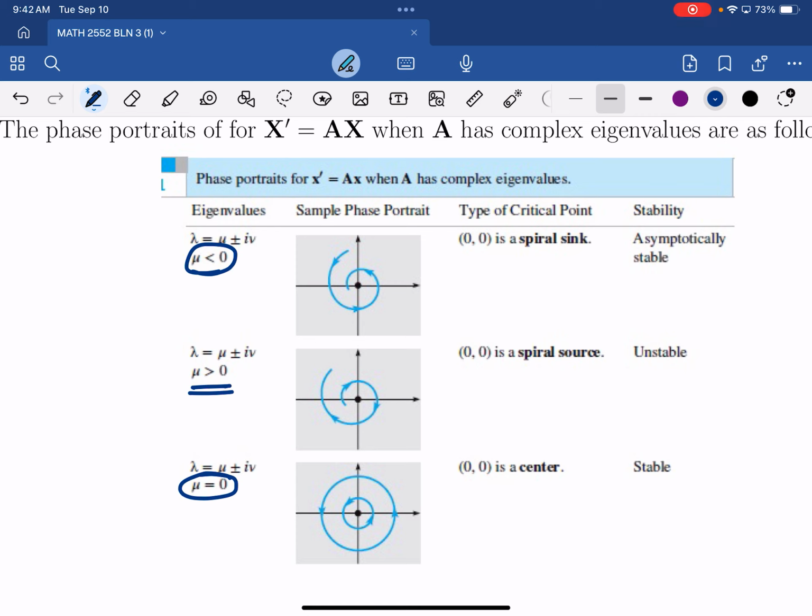So the critical point is called a center. Because it's not going to 0, it's not asymptotically stable. Because it is not going away from 0, it's not unstable. Instead, it is just stable. Is that clear? Stable means it's going in a closed loop at a certain distance. Asymptotically stable means it goes to 0. Unstable means it goes away from 0.